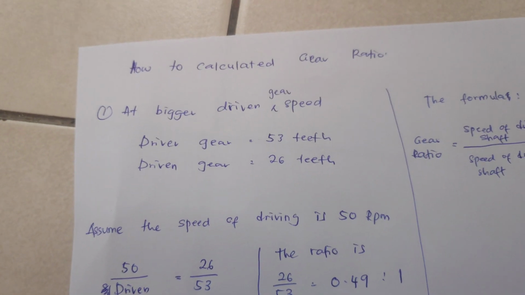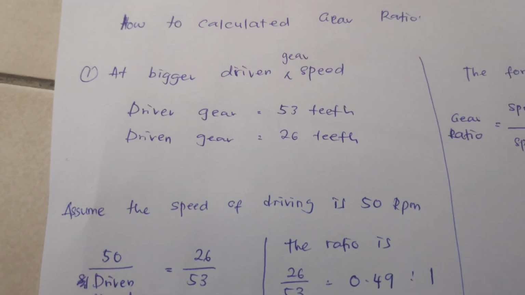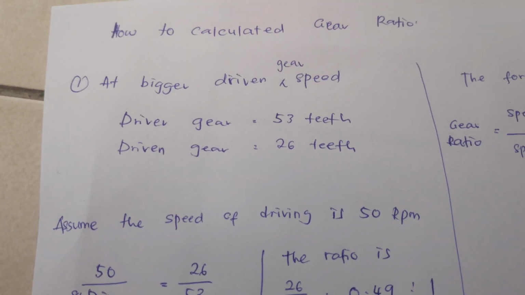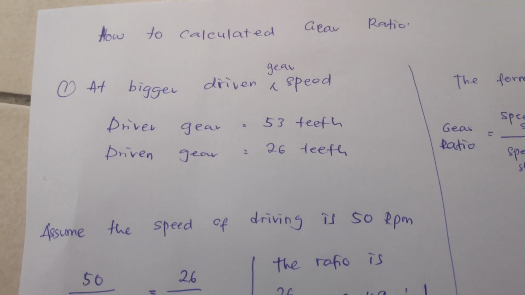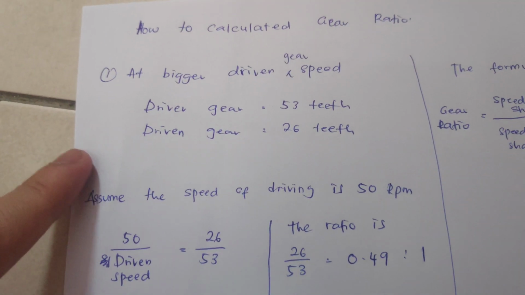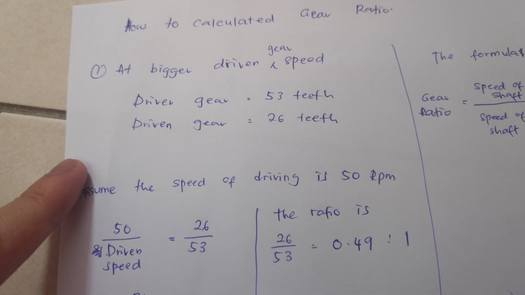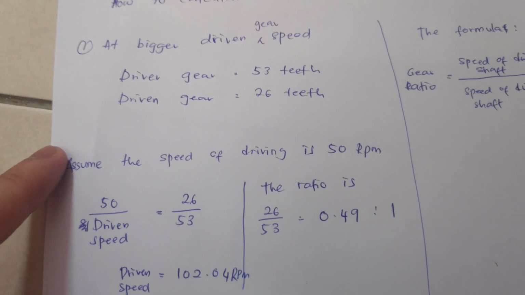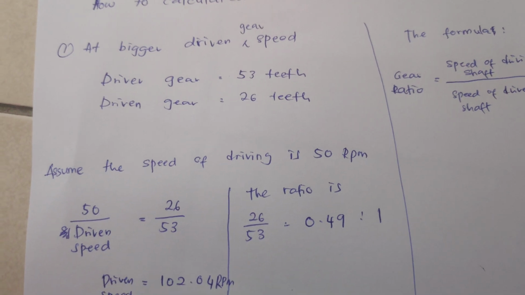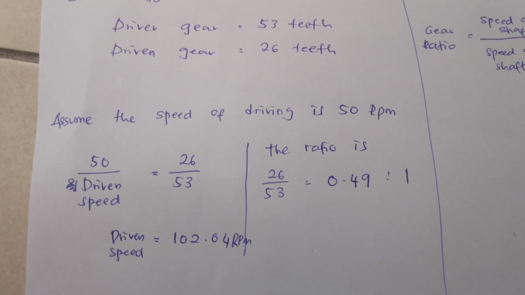So first step, we're going to look at the bigger driven gear speed. As we can see, the driver gear is 53 teeth, which is fixed, and the driven gear is 26 teeth. This is for the low speed and for the big gear. So assume the speed of the driving is 50 rpm.